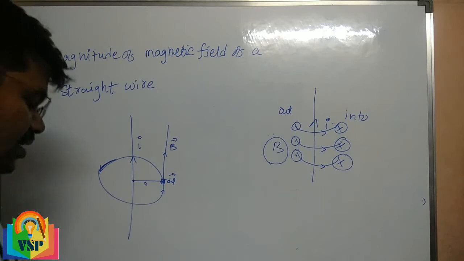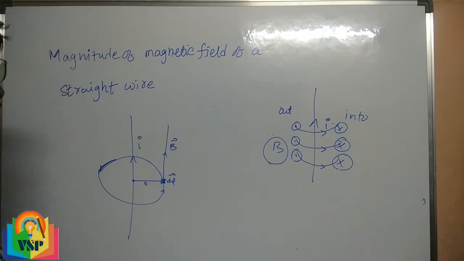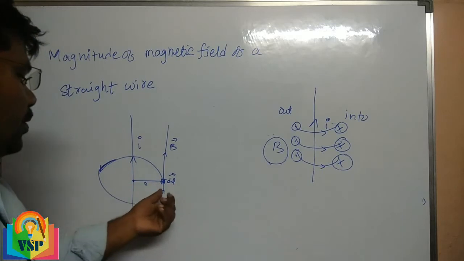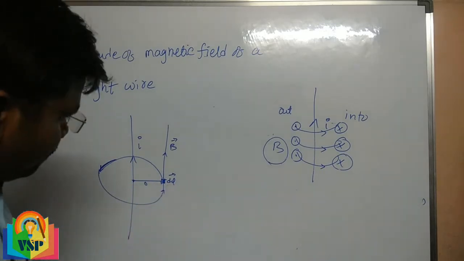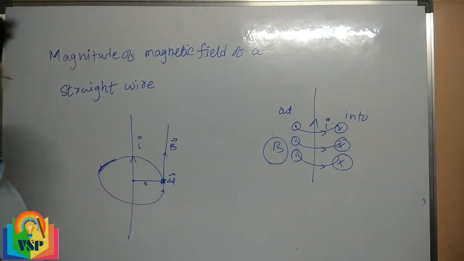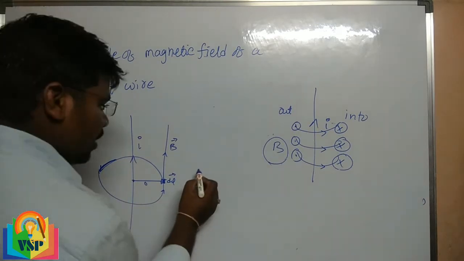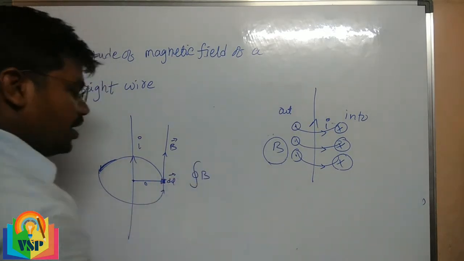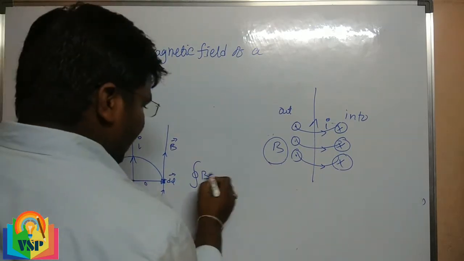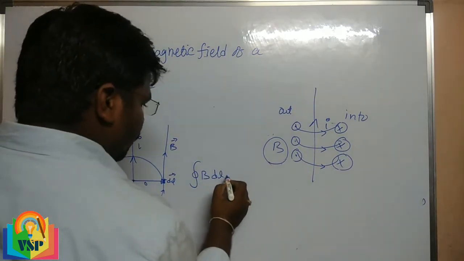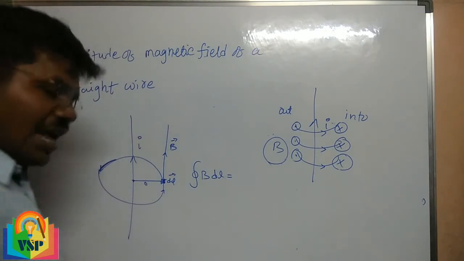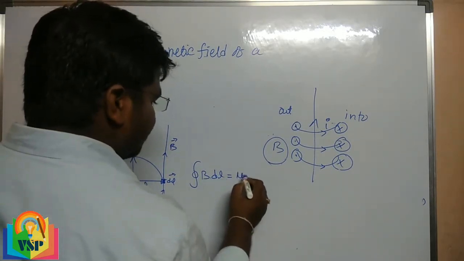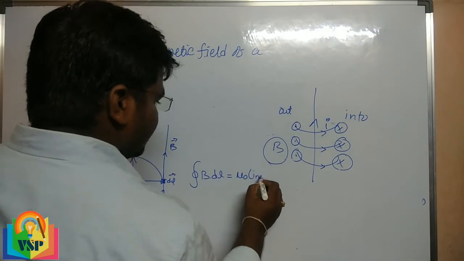Here we can calculate the magnetic field at a point dl according to Ampere's circuit law. What is Ampere's circuit law? The line integral of the magnetic field over any closed surface in vacuum is equal to mu naught times the net current.